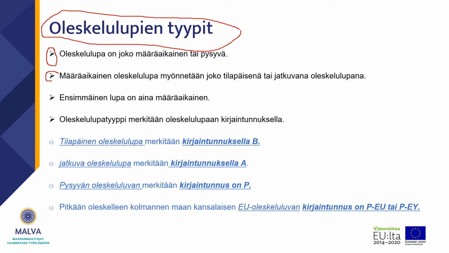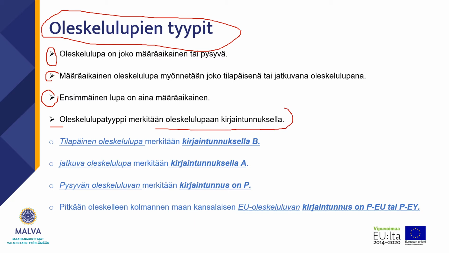A fixed term residence permit is granted as a temporary or continuous residence permit. The first residence permit is always issued for a fixed term, and later on the type of residence permit is indicated on the residence permit card with a letter.